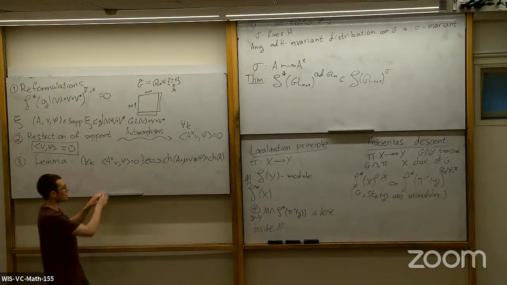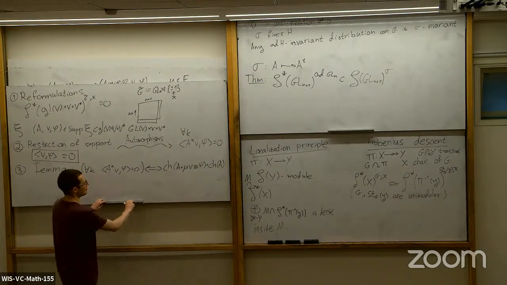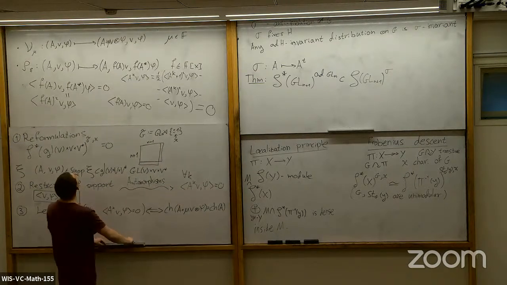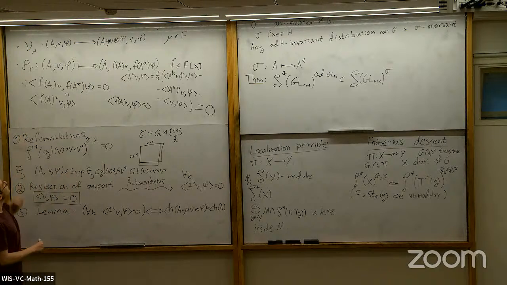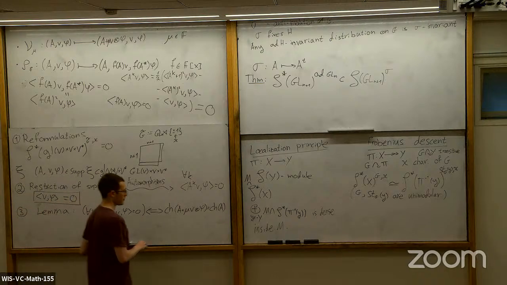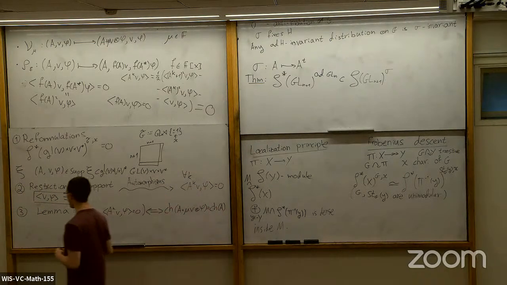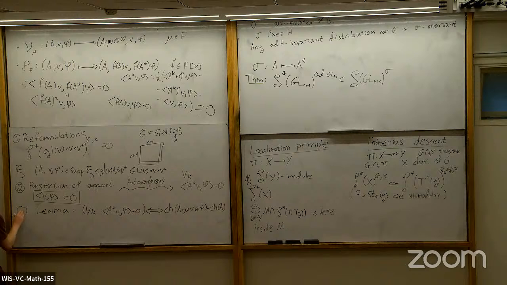And you can see the importance of this lemma by that we have nu of mu. What it says is basically that nu of mu is an automorphism which also preserves the characteristic polynomial. And this is very, very nice.